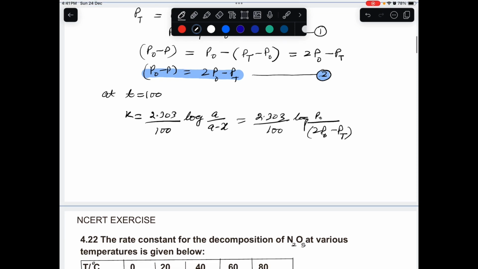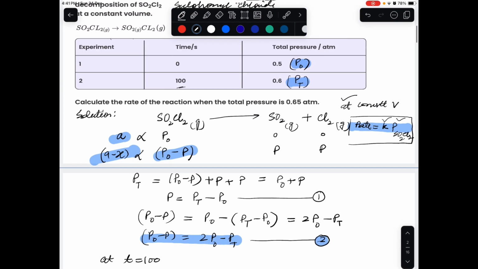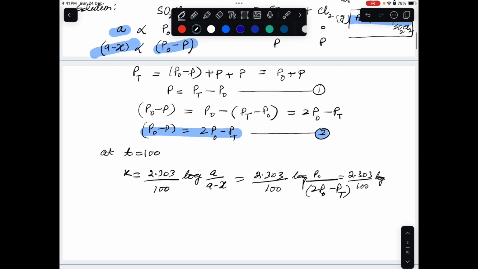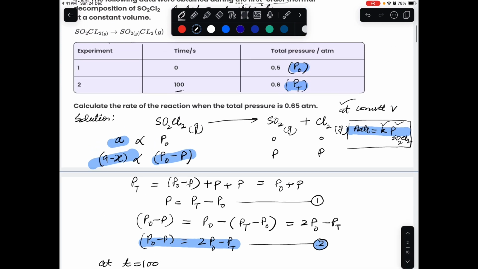Okay, now we'll put down the values. What we have here is 2.303 divided by 100 log of, the first value is P naught. P naught is 0.5 atmosphere. So we write it as 0.5 divided by 2 into 0.5 minus 0.6, because here at 100 seconds we have P total as 0.6.